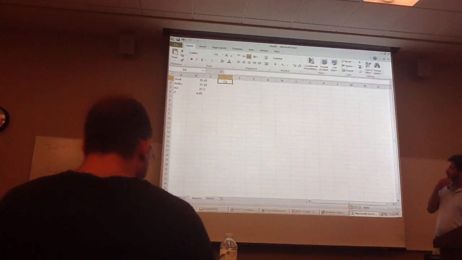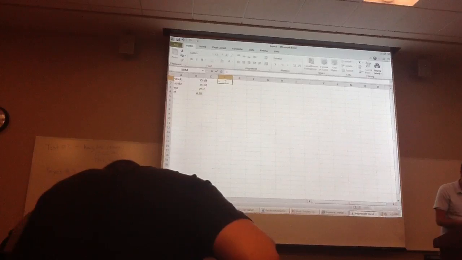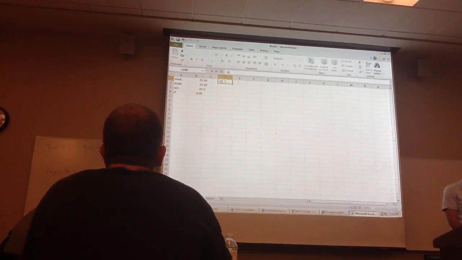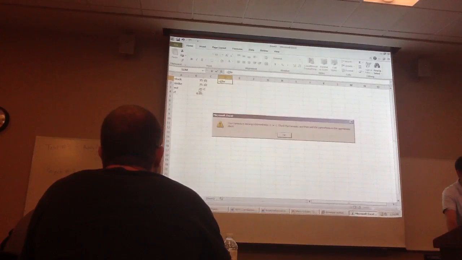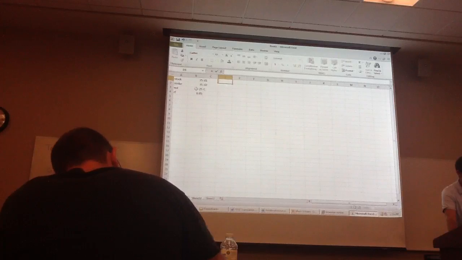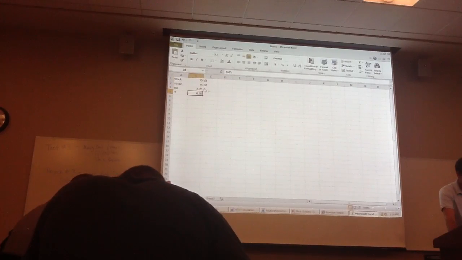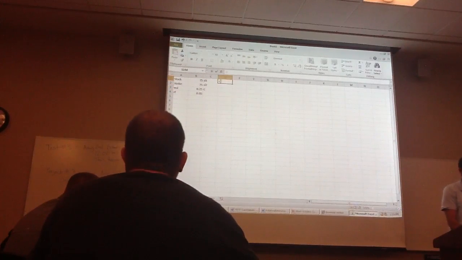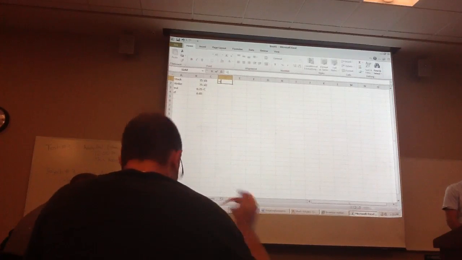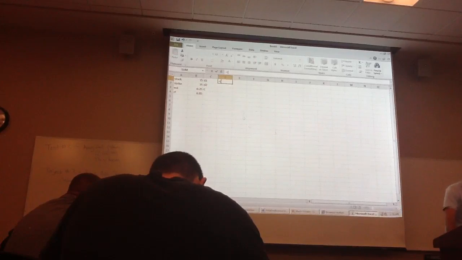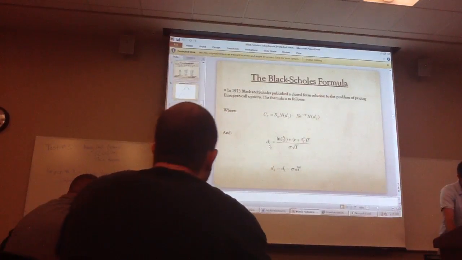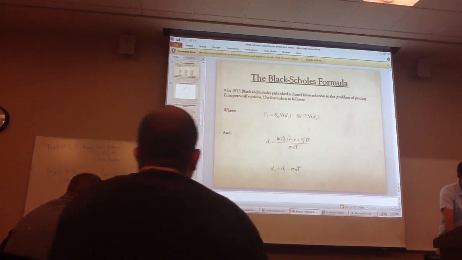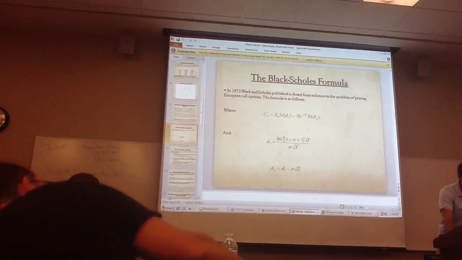Each one of these requires a formula, so you would go into D1. Making sure that you get the formulas right here is the main point. For D1, it's worthwhile to put parentheses around the whole numerator and the whole denominator.